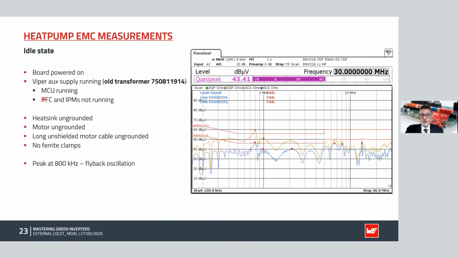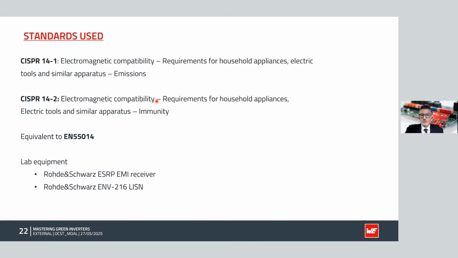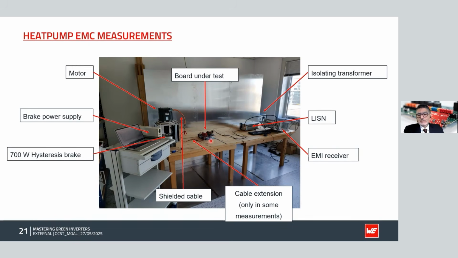The MCU was running, but neither the PFC nor the IPMs were running. They were off. That setup was with the heatsink ungrounded. Which heatsink is that? That's the heatsink that we have under this board here. You might not be able to see it very well, so I do apologize. There is a heatsink that the actual board is mounted on top of.